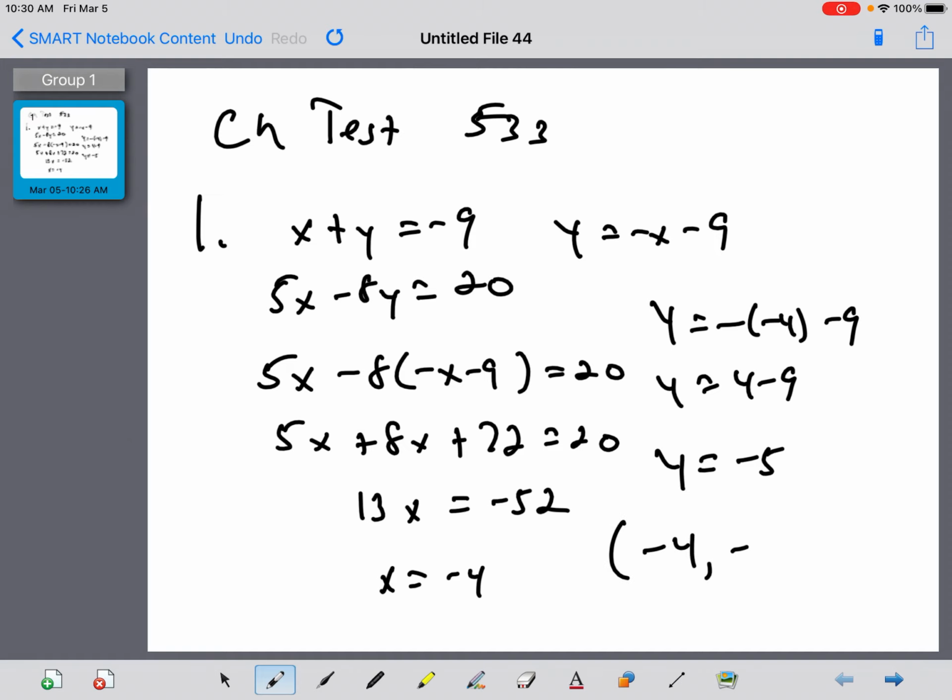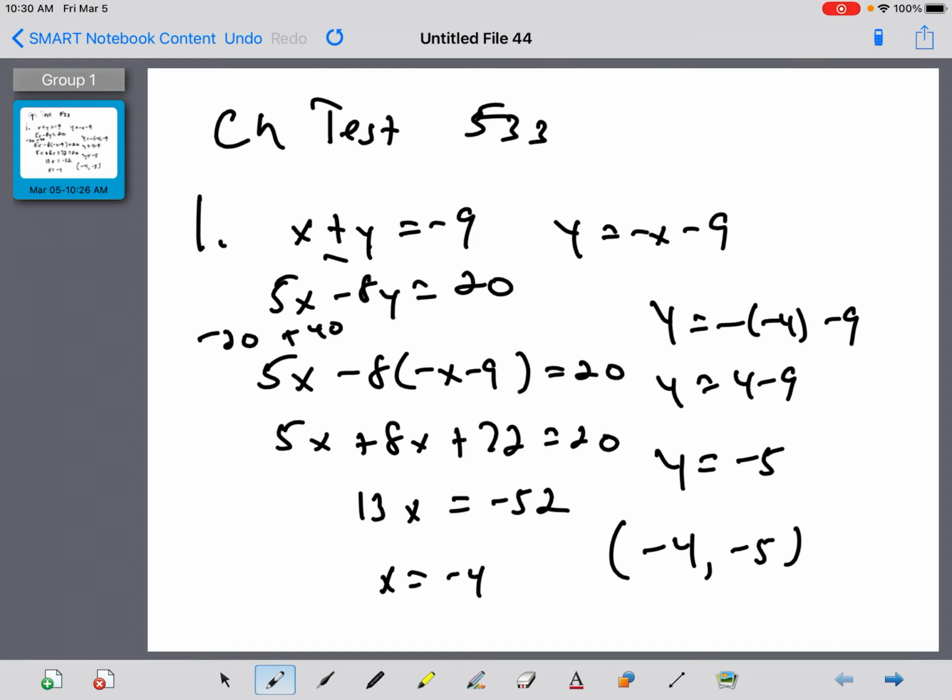My ordered pair answer is -4, -5, and it checks. -4 plus -5 is -9. 5 times -4, -20. And then this would be plus 40, and 20 equals 20, and it checks.